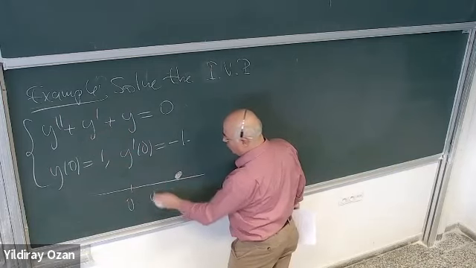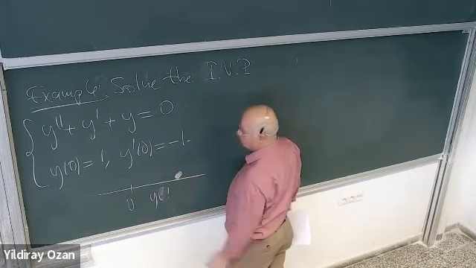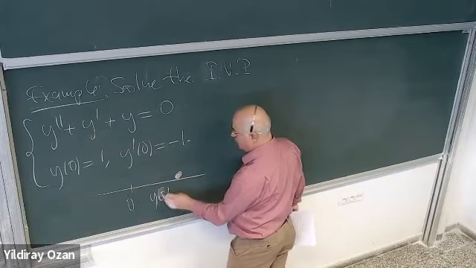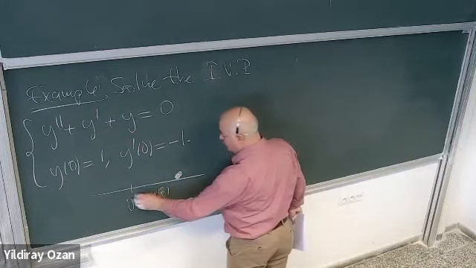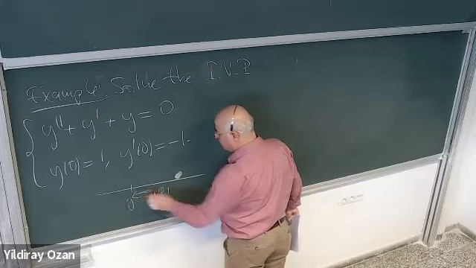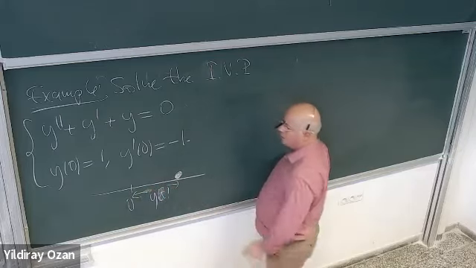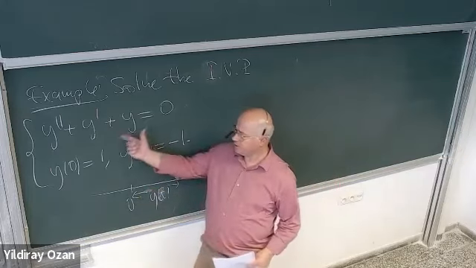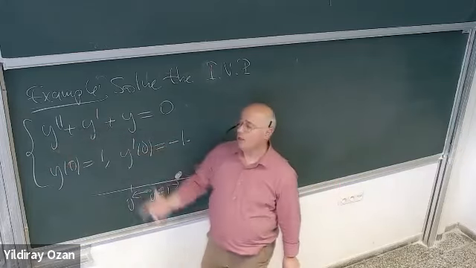So y of t, where t represents the time, and y of t is the distance from the origin. So this is the distance, this is the speed, this is the acceleration of the object.